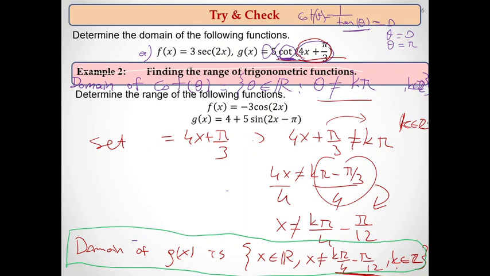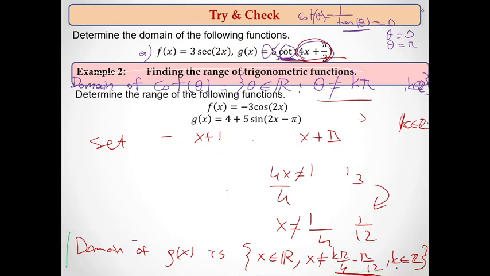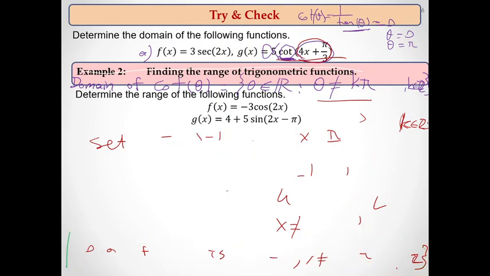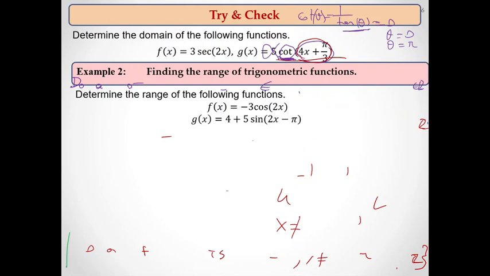You can also read this here. Sorry, I have to erase this one. Okay, we are done with this.